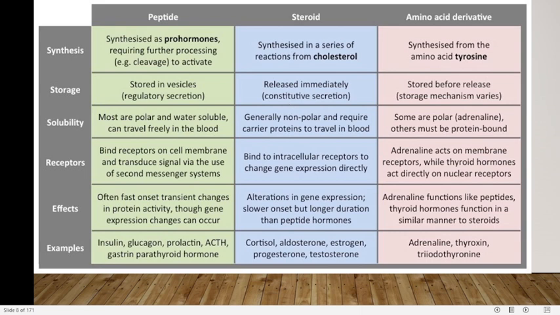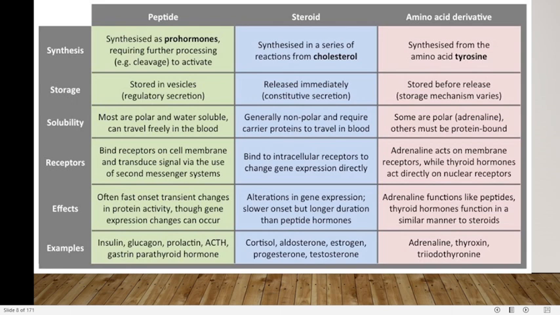So peptide proteins, steroids, amino acid derivatives. If you try to distinguish between the three different types of hormones, we can distinguish them in terms of synthesis, storage, solubility, receptors, effects, and examples.